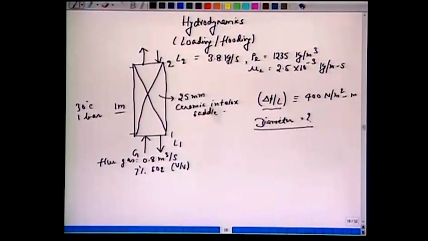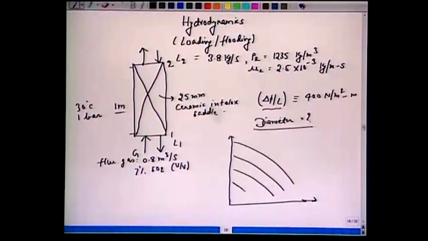All right. Before we take up that graph, if you recall, we had this Eckert plot, later modified by Pickford, which we called the flooding and loading graph. You had these curves, and we had certain quantities which we are supposed to evaluate, on the x axis and on the y axis.